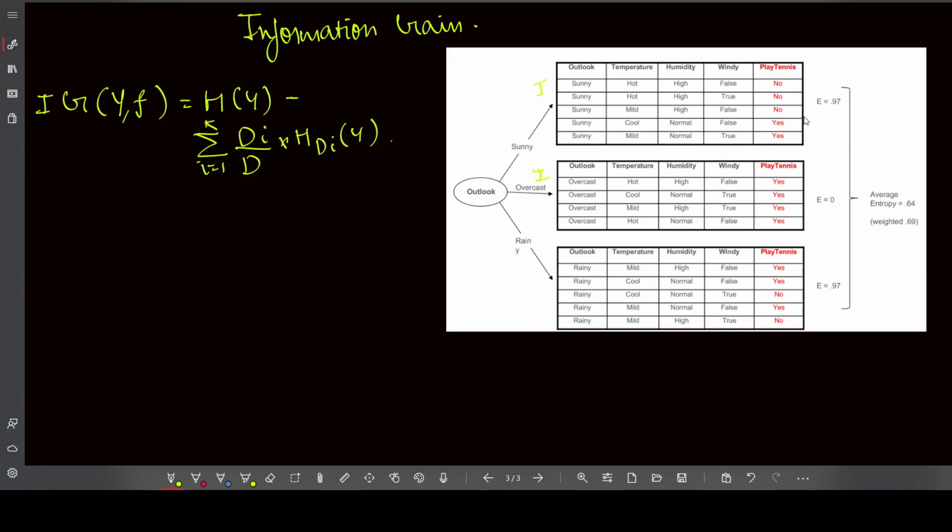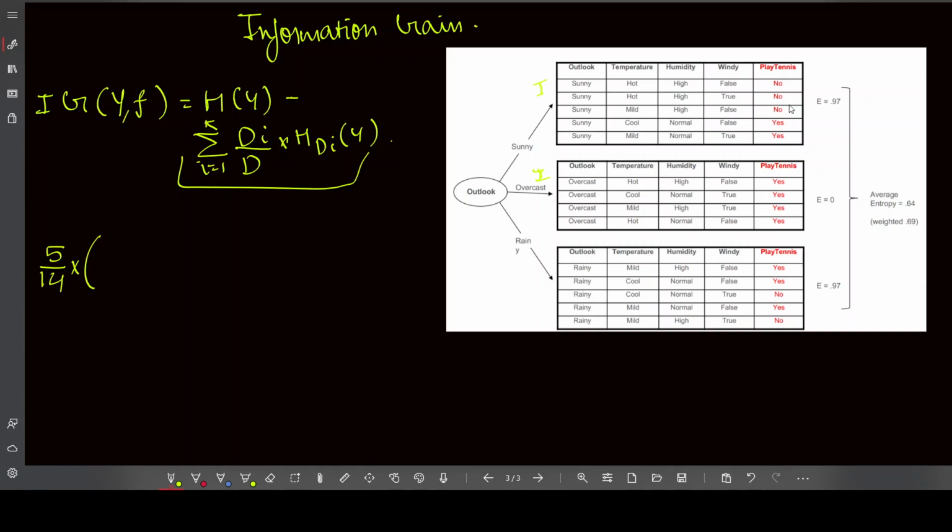So if I have to write this formula for this data set, I'll write it as follows. I'll have 5 by 14 because I have 5 data points over my entire data set, into the entropy of D_i at y over here. Okay, so this will be like this.